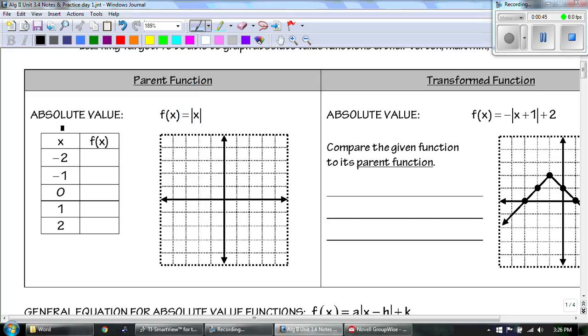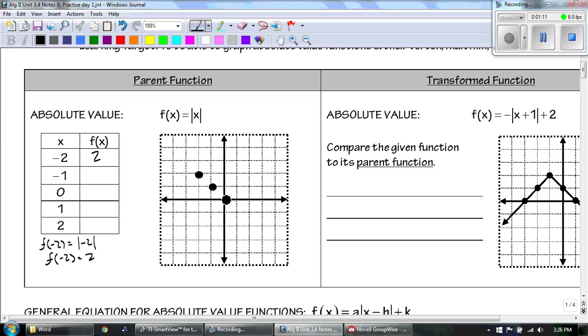So the absolute value of -2. What is the absolute value of -2? So if we were to plug in -2 here, what would our answer be? Yeah, the absolute value of -2 is 2. So if I wanted to graph it, I would go -2, 2. The absolute value of -1 is 1.